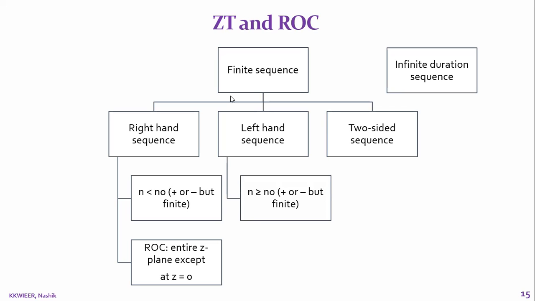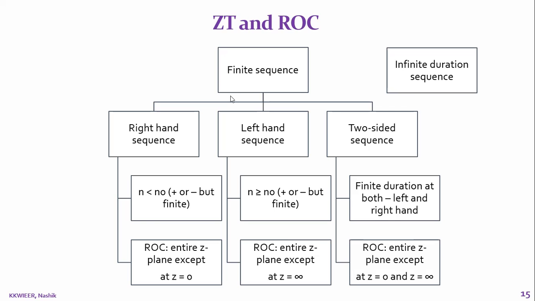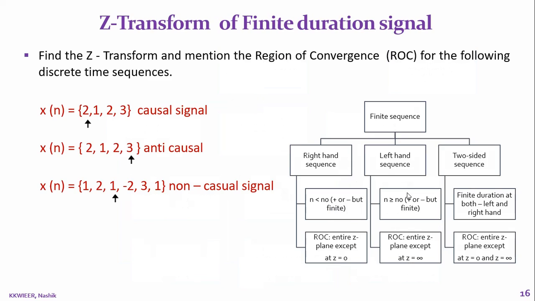In a left-handed sequence, n is greater than or equal to n0. It can be positive or negative but finite, and ROC will be the entire z plane except z equal to infinity. And in case of a two-sided sequence, it is of finite duration at both left and right, and ROC will be the entire z plane except at z equal to 0 and z equal to infinity.